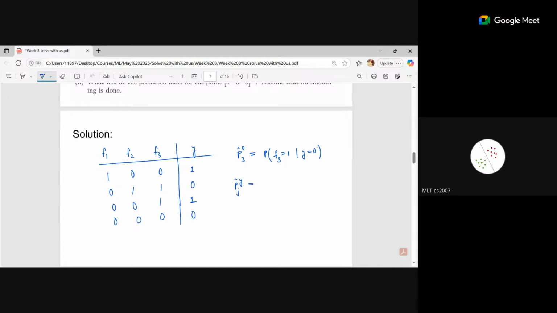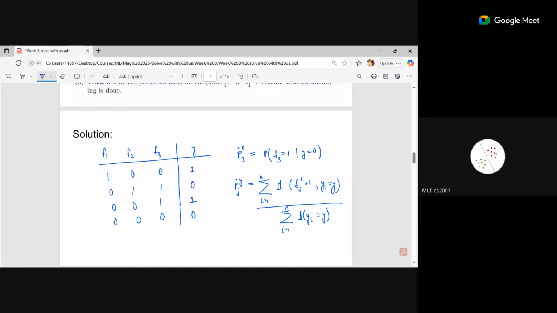We know that this estimate is given by summation i varying from 1 to n, indicator of fj i is equal to 1 and yi is equal to y, divided by summation of indicator of yi is equal to y.